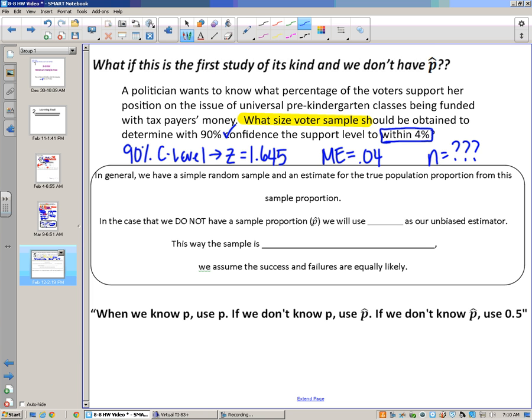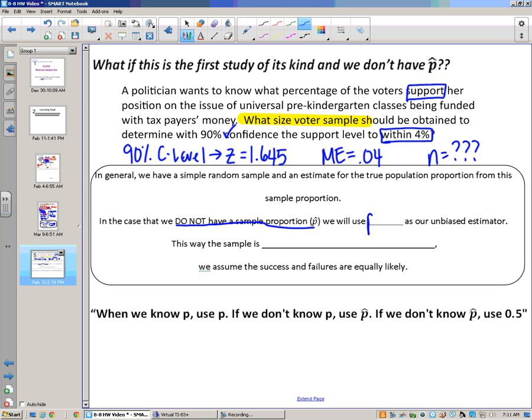So in general, if we have a simple random sample, we know we always want randomness, and an estimate for the proportion, we can use the sample. We want to estimate the population proportion, then we use the sample proportion. If we do not have a sample proportion, because this is the very first study of its kind, we want to assume the percent that will support and not support are equal.